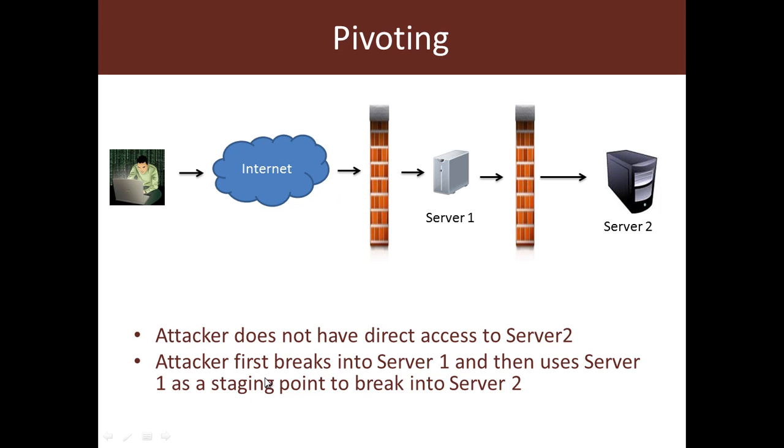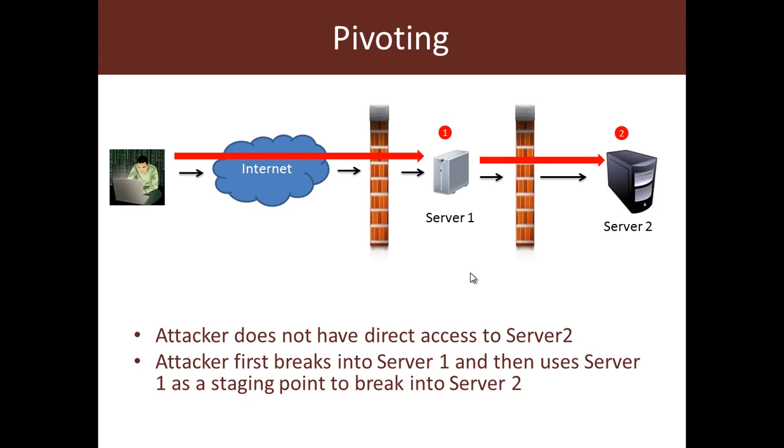So how does pivoting actually work? The attacker first goes ahead and compromises server 1, to which he has direct access, that is IP level connectivity. Once he breaks into server 1, he uses server 1 as a staging point for further attack into the network and then breaks into server 2, right?